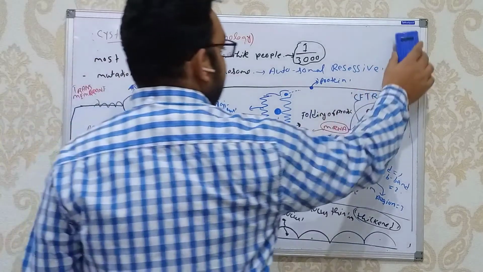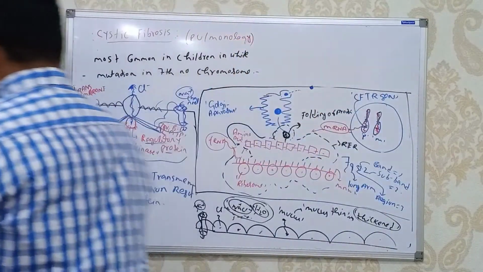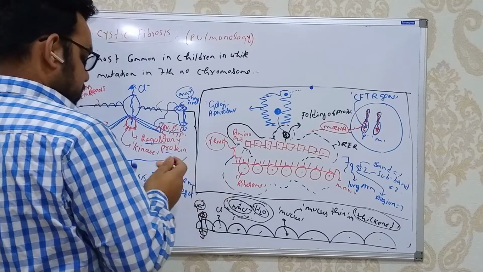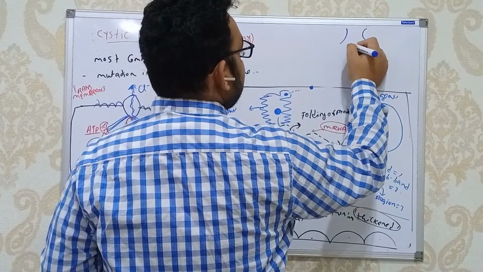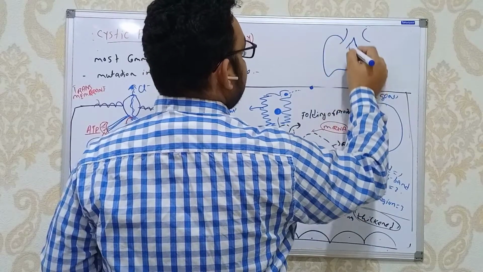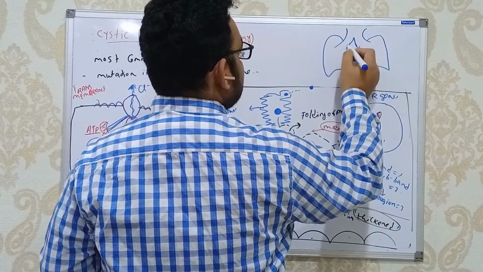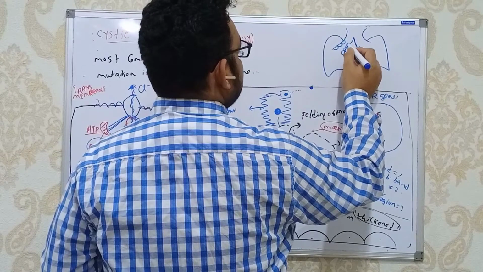Let's suppose, within the lungs, we know that these are the ciliated epithelial cells.